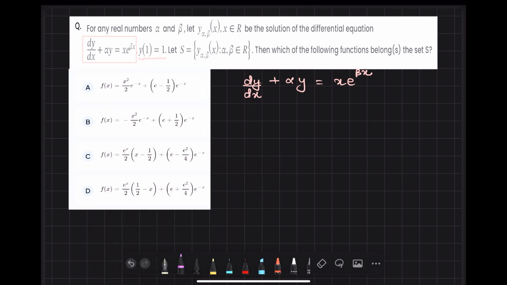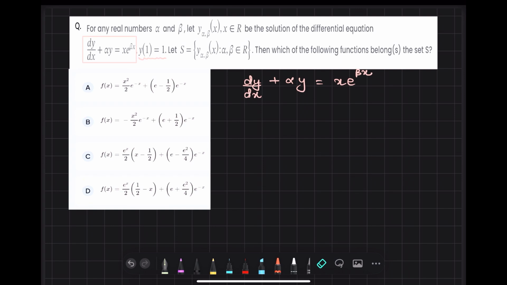So how will we proceed? First I will try to apply the variable separable method. Do you think you can apply it? No, you cannot segregate x and y in terms of a product. You cannot factorize them.